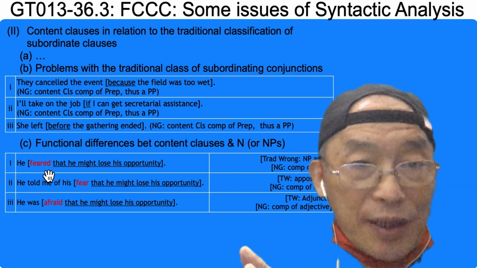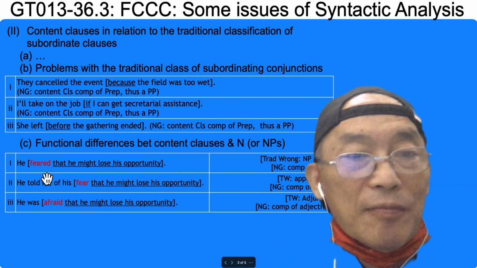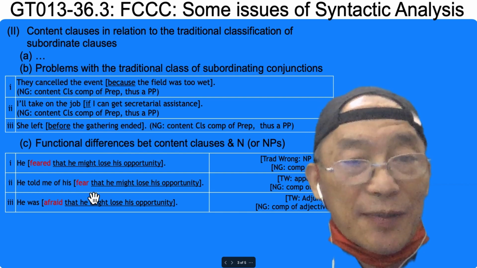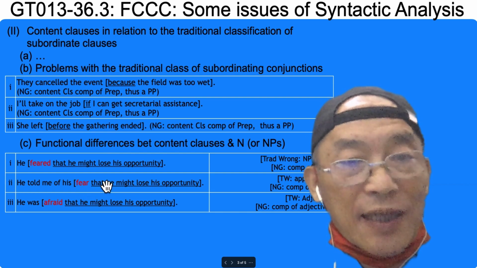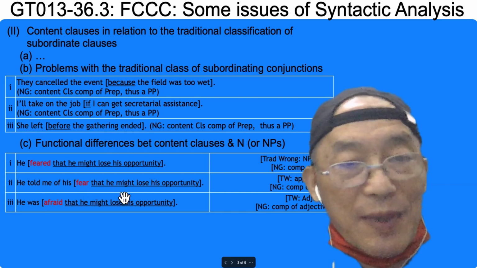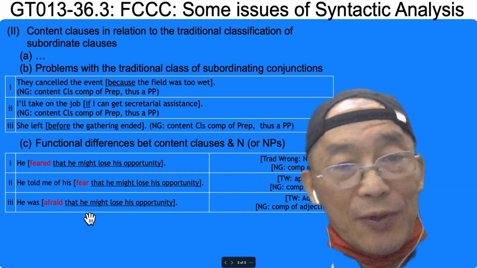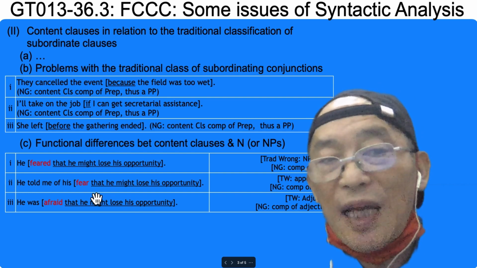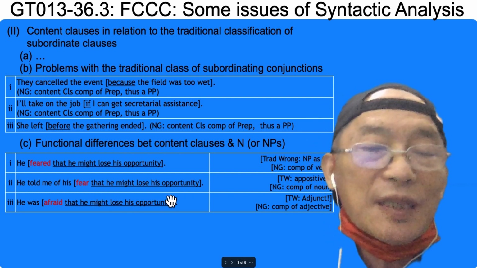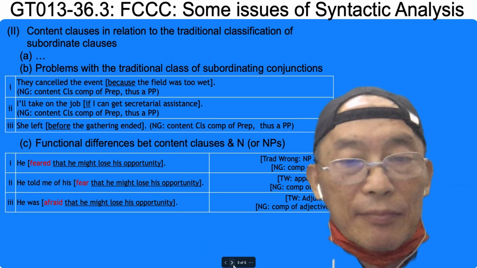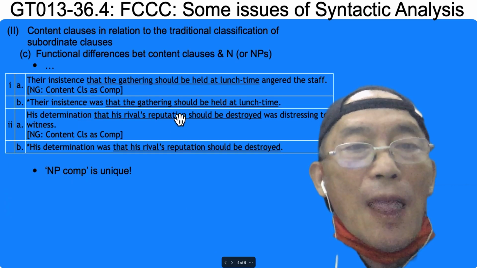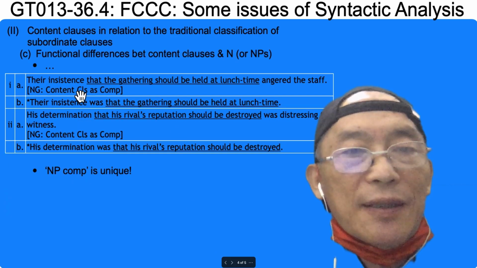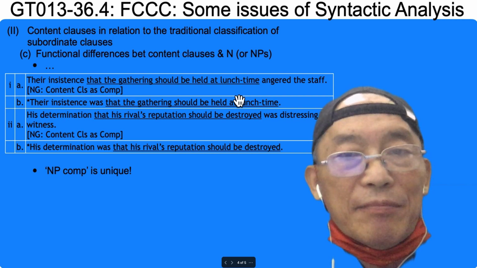They are unique. So this cannot equal this. Especially for this, a noun phrase cannot equal this noun complement. So let's consider this more. Noun phrase, noun complement.